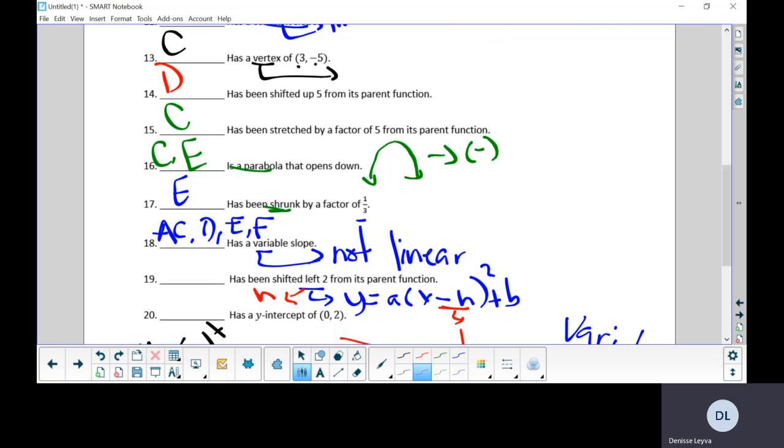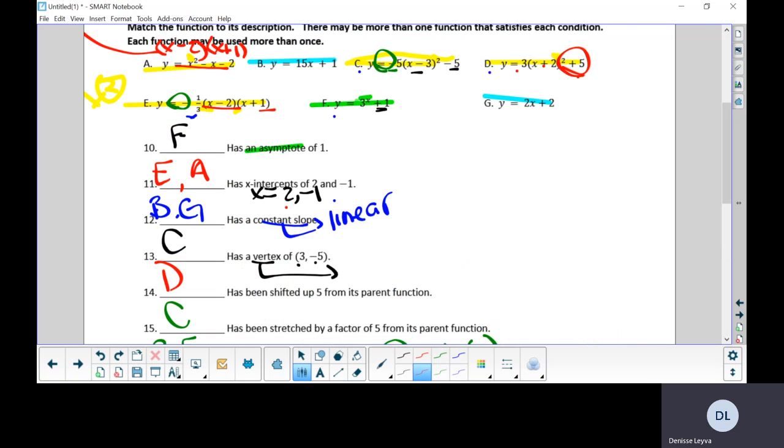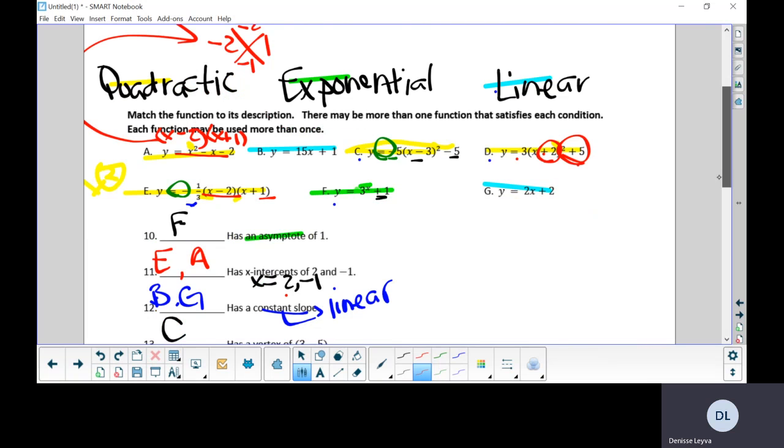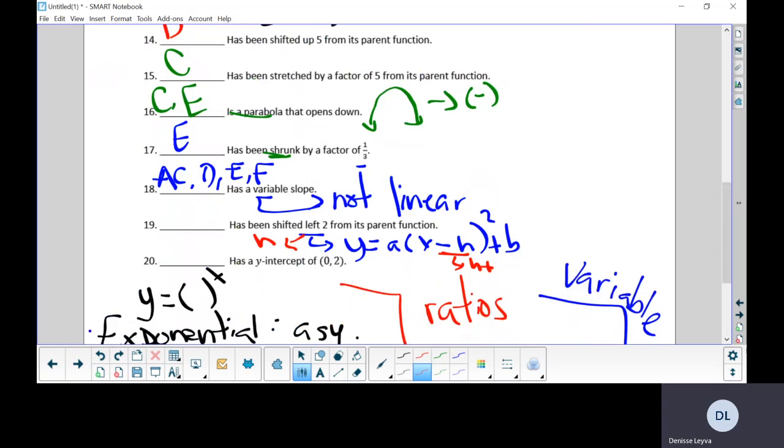And it's when the h is positive. So when the h has a positive 2, that means we will have a left 2. In this case, our answer would be D. There's a plus 2 right there inside the parentheses. So this would be answer D.